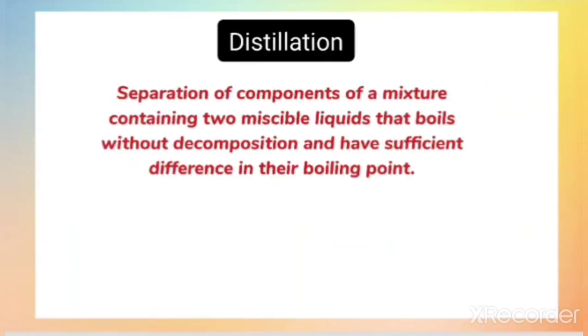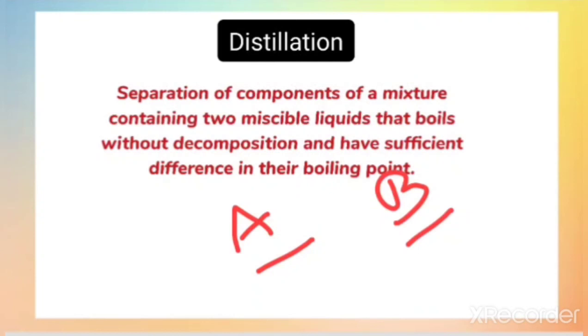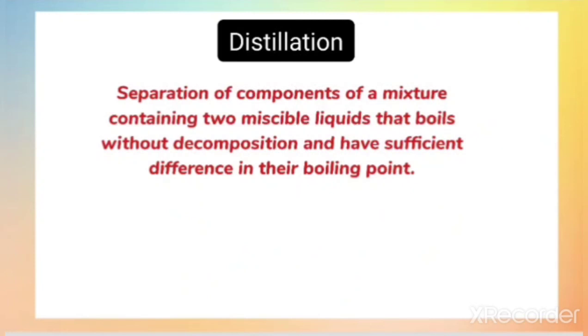Next is distillation. Distillation is the method used for the separation of components of a mixture containing two miscible liquids that boil without decomposition and have a sufficient difference in their boiling points. So if there are two components, say A and B, and both have a sufficient difference in their boiling points, and they vaporize without decomposing, then the distillation technique is used.